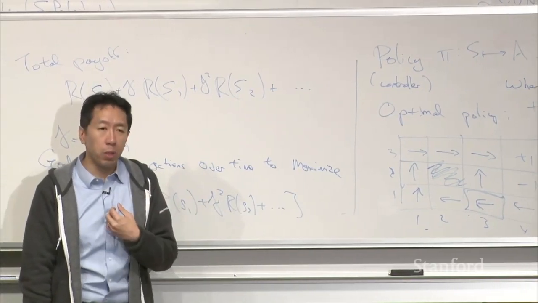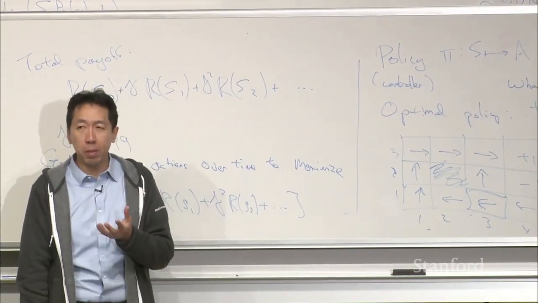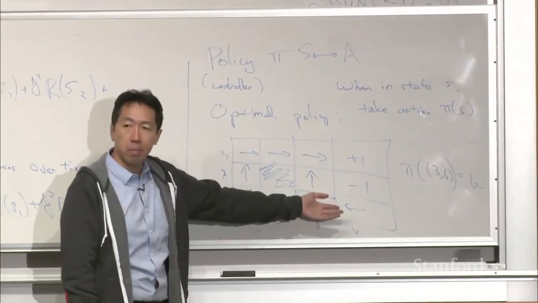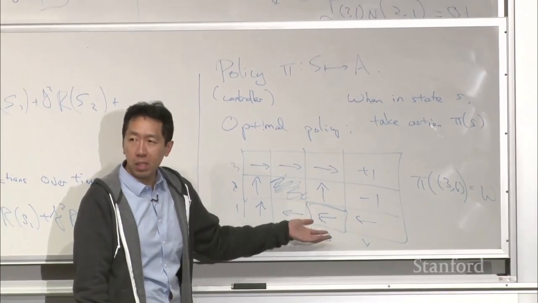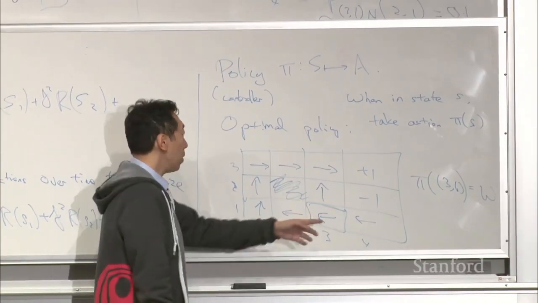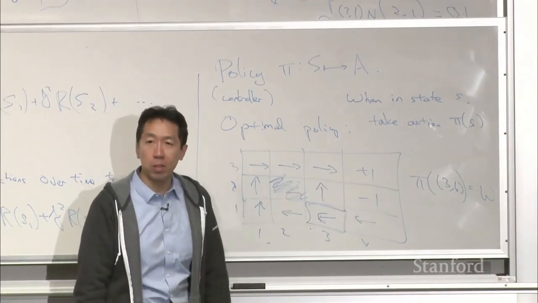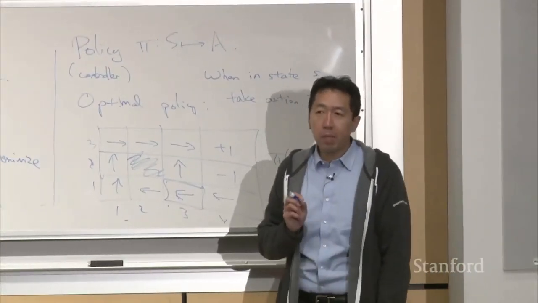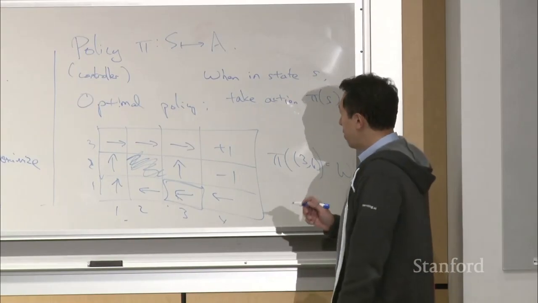Then when you want your robot to act, or your chess playing program to act, whenever you're in some state S, take the action given by pi of S. And hopefully this will result in a robot that efficiently navigates to the +1 state.